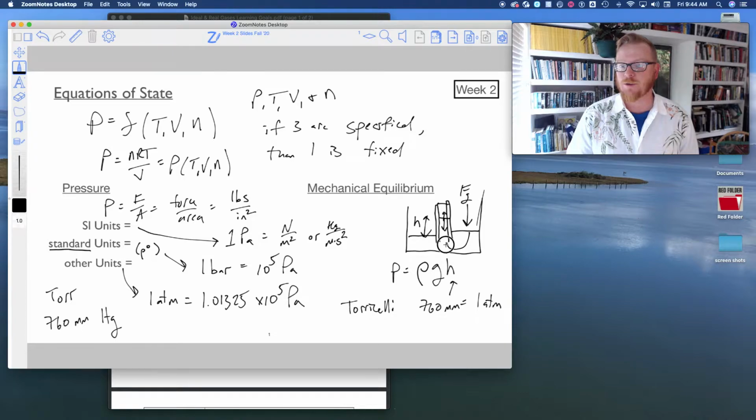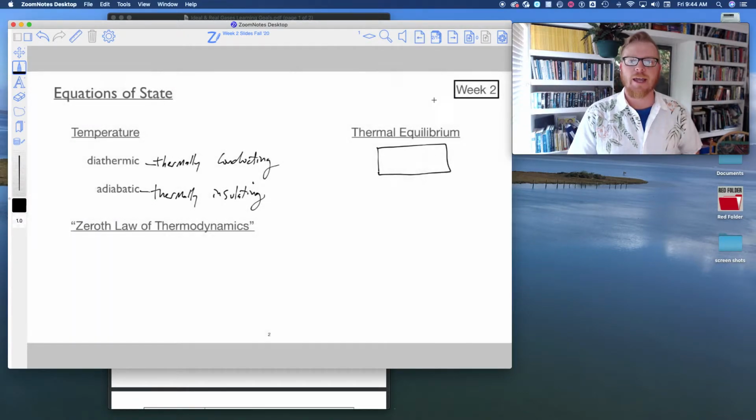But of course, if I remove some of that force, if I pump vacuum on this, or there's less atmospheric pressure that day due to some meteorological phenomenon, then the liquid level will go down, okay? So that's the mechanical equilibrium.